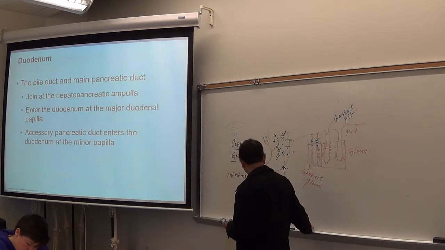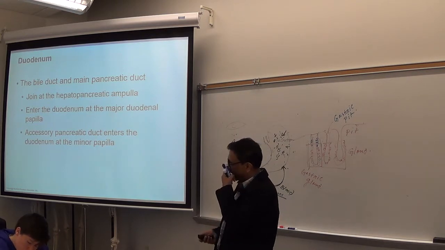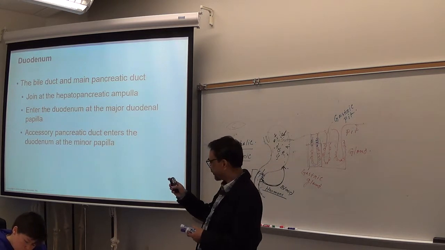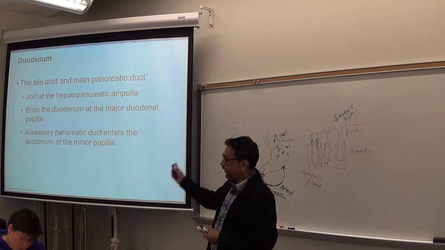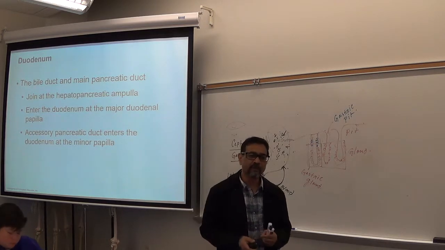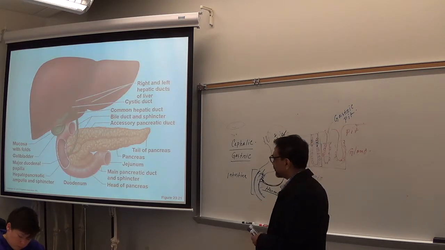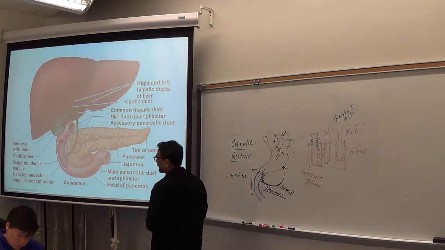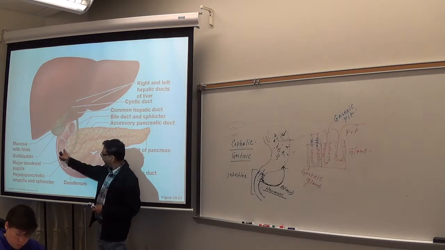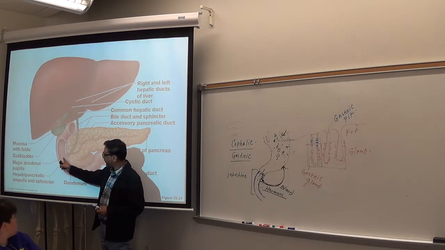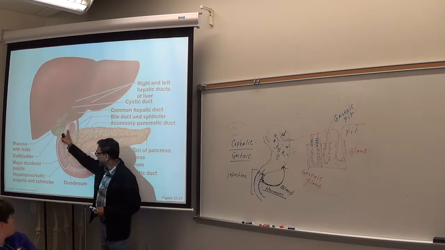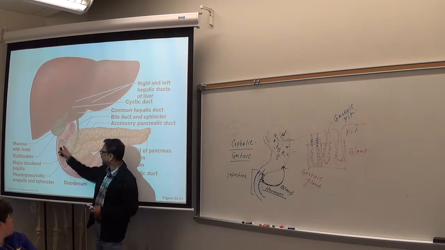The smaller one is minor and the larger one is major. So you see here, major and minor duodenal papilla. Two openings. Here in this picture you can see the minor, the tiny one here, and the major is the bigger one. This is the duodenum, C shape, right?